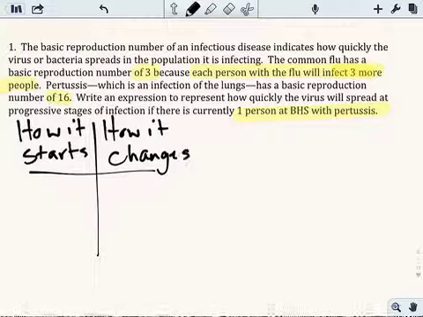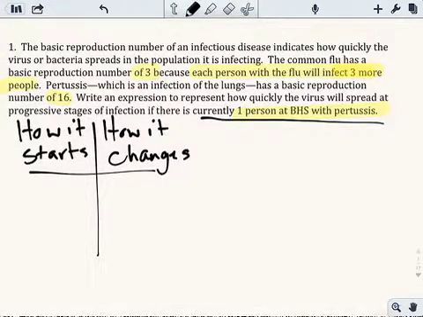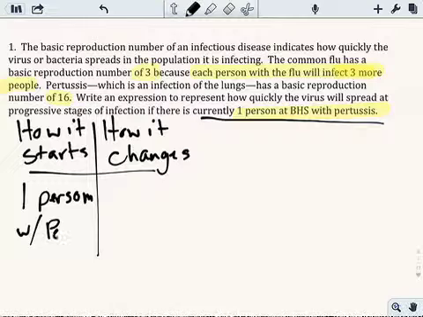You might think how it grows or whatever, but sometimes things decrease, so I like to use changes to get a little bit more general. And so how it starts, well, it says right here there is currently 1 person at BHS with pertussis.